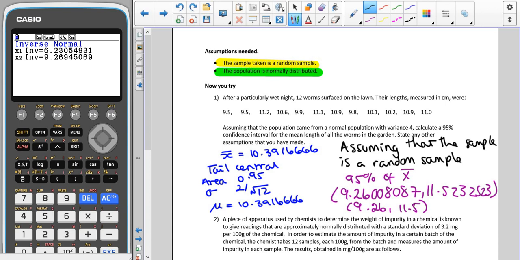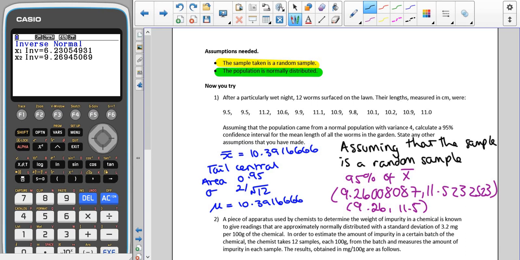Assuming that the population came from a normal population with variance of 4, we need to be careful there that the population variance is 4, which means that the population standard deviation is going to be 2. Again, that is from AS, that the variance is the standard deviation squared, so to get the standard deviation, we have to square root it. Calculate a 95% confidence interval for the mean length of all worms in the garden. State any assumptions that you have made.